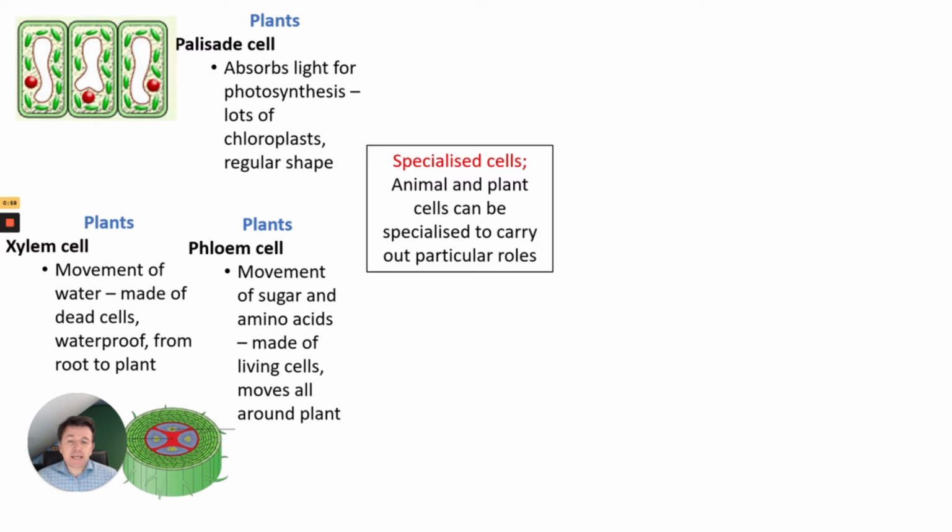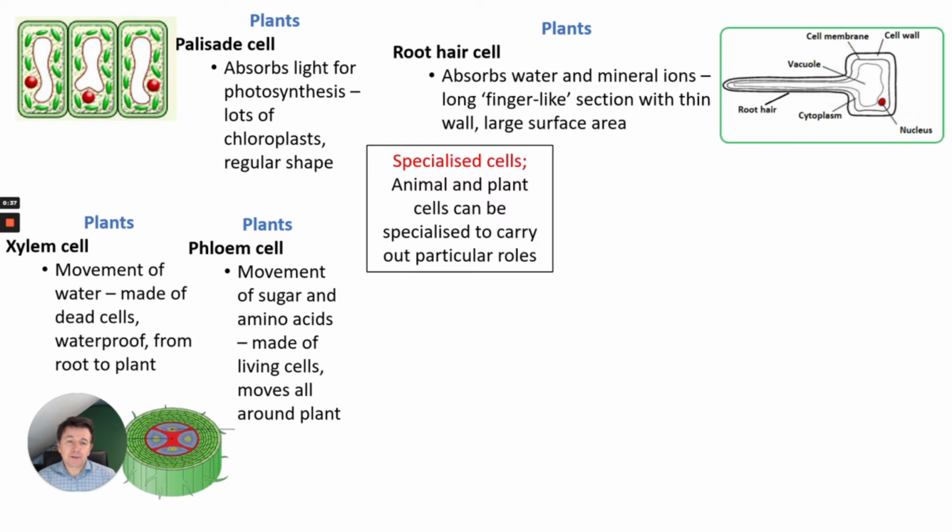Phloem cells move sugars and amino acids as well, and they're made of living cells, and they move these things all around the plant, up and down. So they require energy from respiration. So mitochondria are required to move the sugars up and down the plant.